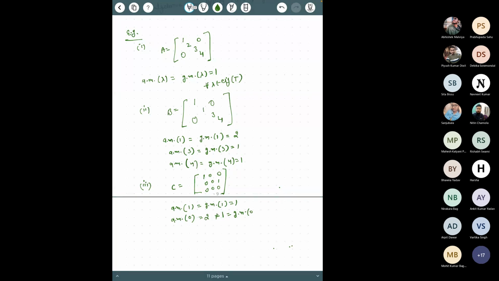So you can see here the geometric and algebraic multiplicity in these three examples. These are just simple examples, but in general you can prove a relation between geometric and algebraic multiplicity.